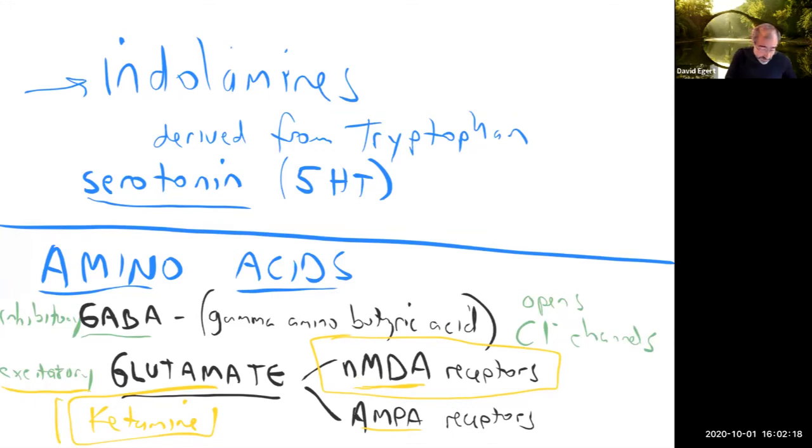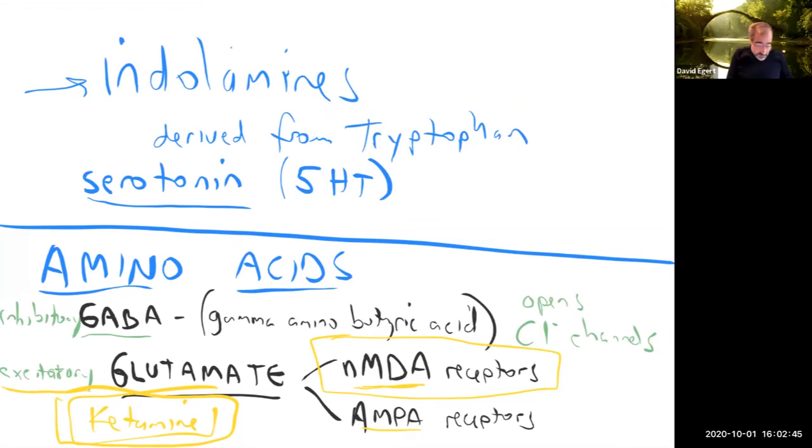Ketamine is a dissociative anesthetic. At higher doses of ketamine, the K-hole, people get completely dissociated from their physical body. People talk about experiences of floating out in space.